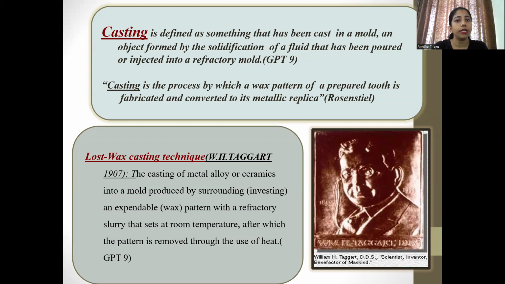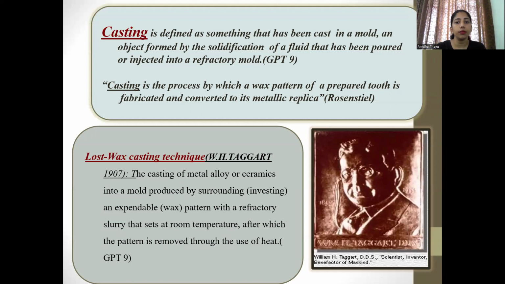Next, we'll discuss a few things about the lost wax technique, which was introduced by Taggart in 1907. Lost wax technique is a casting of metal alloy or ceramics into a mold produced by surrounding an expendable pattern with a refractory slurry that sets at room temperature, after which the pattern is removed through use of heat.